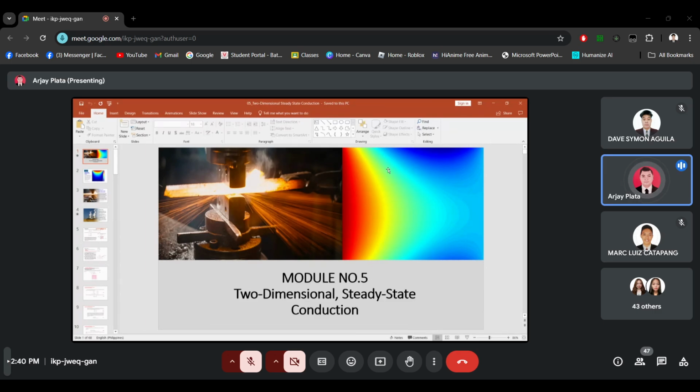As it goes alongside this figure, it becomes blue, so the temperature decreases. Same case as this figure. So the heat is being transferred from this source going to the other side of the metal. So the heat source is here going to the other side.